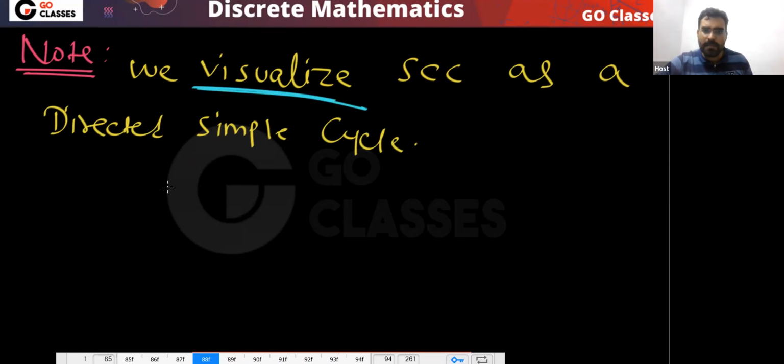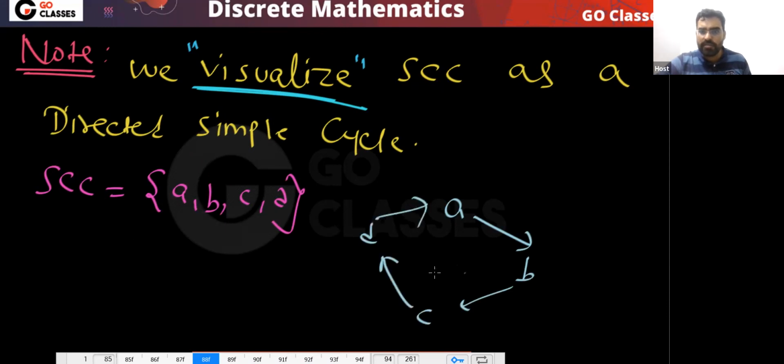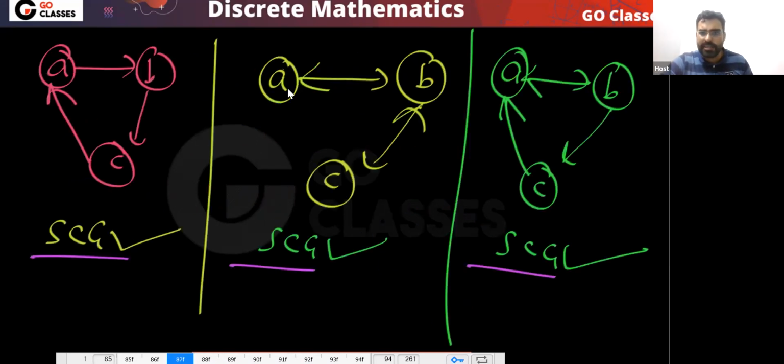For example, if I say that a strongly connected component is A, B, C, D, then how can you visualize this? You can visualize it like this. Are you getting my point? So we visualize this strongly connected component as a directed simple cycle. But remember, it need not be a directed simple cycle.